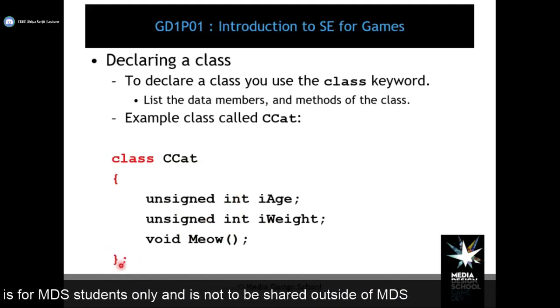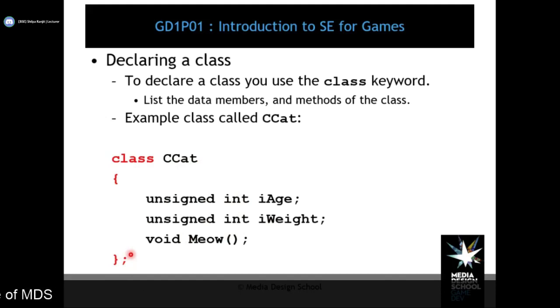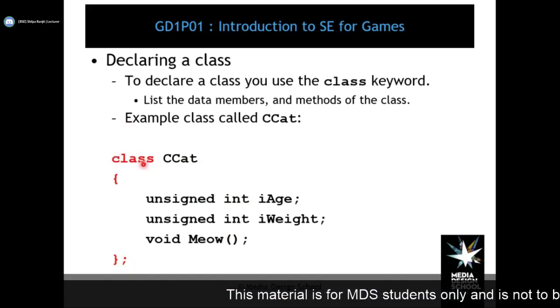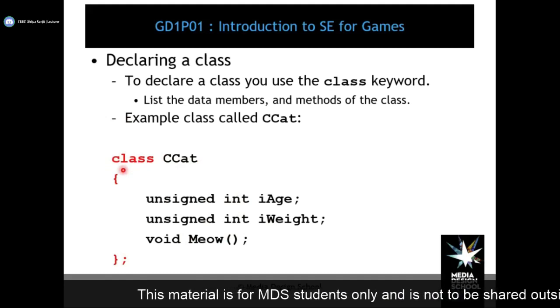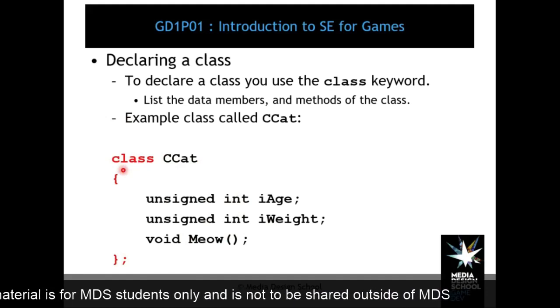The semicolon is very important. If you miss out the semicolon, then remember you're going to end up with a lot of compile time errors. So be very careful with the semicolon. It's the same rule as we had for structures last week. Basically, structures came from C, but their additional functionalities were obtained from classes.